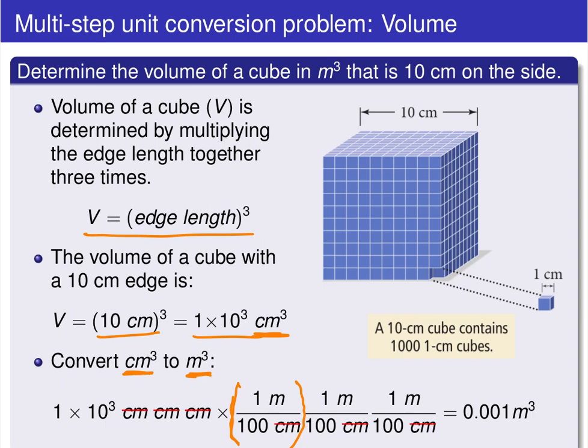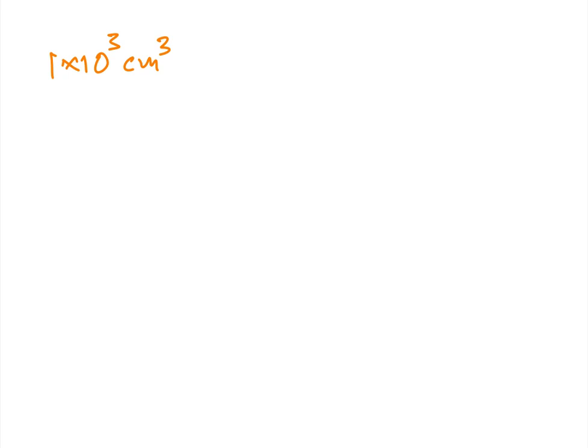Because remember, a centimeters cubed is effectively a centimeters times centimeters times centimeters, and by just applying it once, you'd only be canceling out 1 of those centimeters. So you need to remember to apply this conversion factor multiple times. And this is actually one of the most common mistakes that students will make.